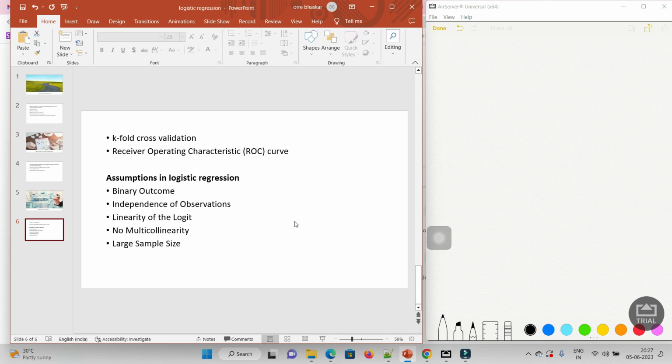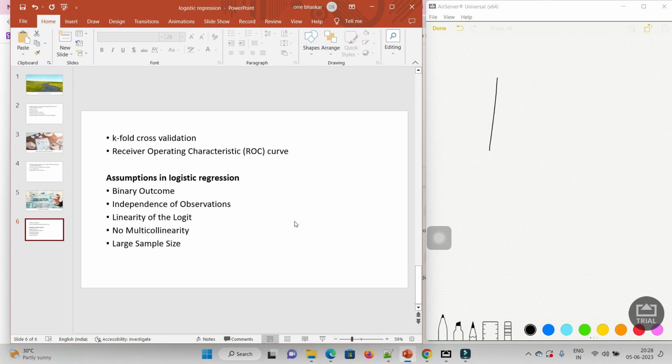Let's take the next assumption. Large sample size. Logistic regression assumes that you have a sufficiently large sample size. While there is no fixed rule for what constitutes a large sample size, having a larger sample size generally leads to more reliable and stable estimates. So what do we mean?